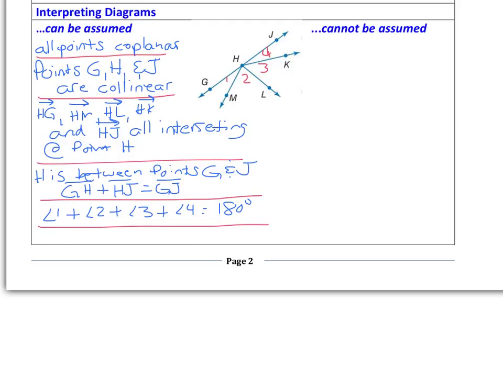I'm going to say angle GHL and angle JHL are supplementary. And since they also form a line and are side by side, non-overlapping, you could just as easily say that they are also a linear pair.